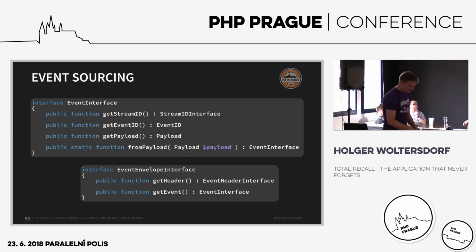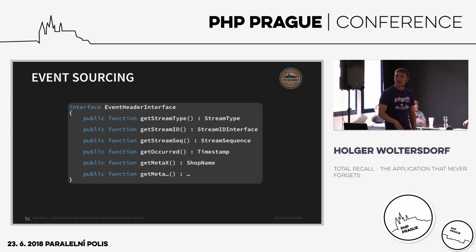Yeah, so how does an event, or an event interface, look like? You have the stream ID, you have the event ID, you have the payload, and you can reconstruct that event from the payload. So when you retrieve your history out of the event store, that is usually something like a JSON payload or something else, and you would get the event reconstructed.